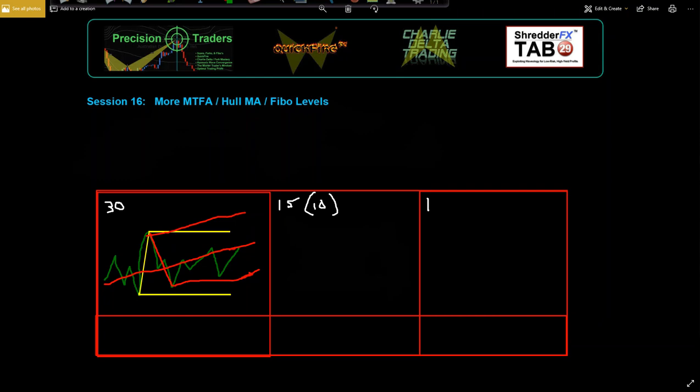You then drop down to 15 minutes. You would have your transparency for your 30 turned on, so you see how it fits your 15. You would draw your 15-minute Fibos and your 15-minute forks, hopefully based on the most recent scan or in front of the next scan as a BS fork.